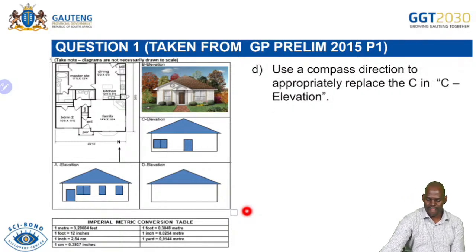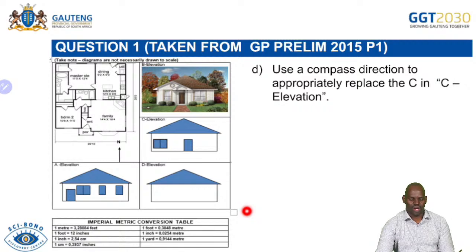Then the next question is: use a compass direction to appropriately replace the C in C elevation. If you look at this, we've got C elevation, D elevation, A elevation. Those letters represent the compass directions: south, north, east, and west.